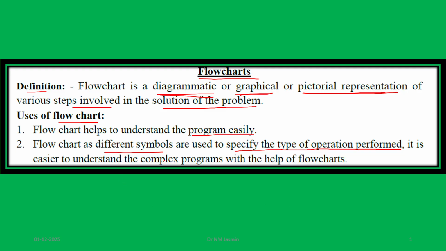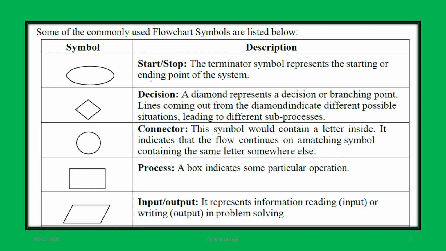Okay, so by having these symbols it is very easy to understand complex problems with the help of these flowcharts. Okay, now we will see what are the different types of symbols we are using in the flowchart. So now if you see here, I have used the different symbols on the left side, and its description I have given on the right side.